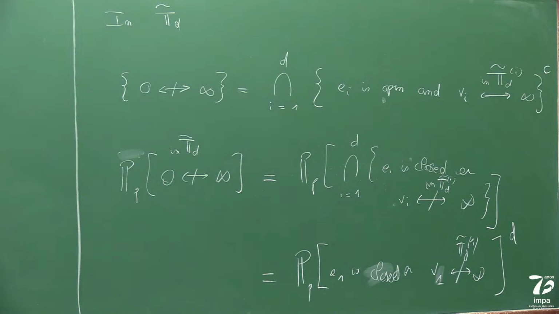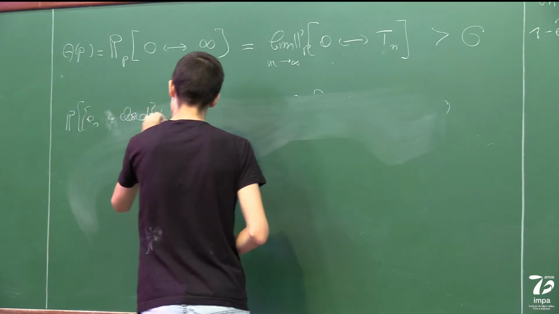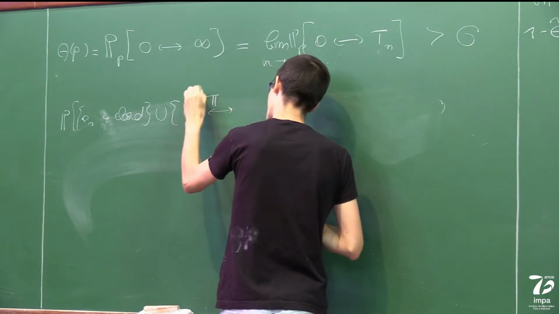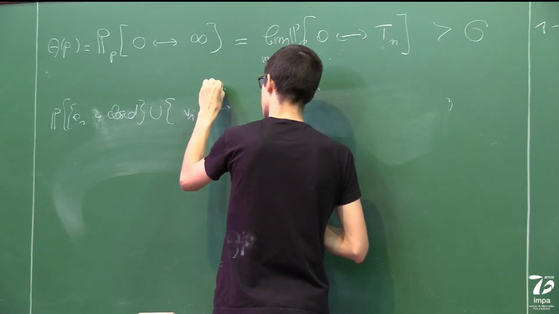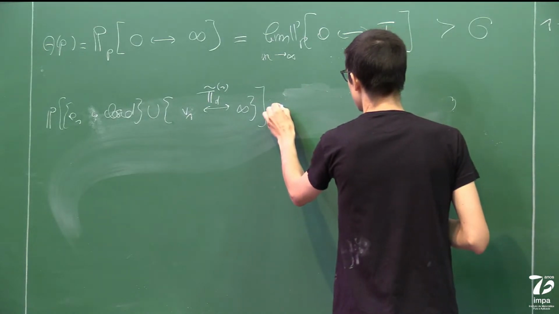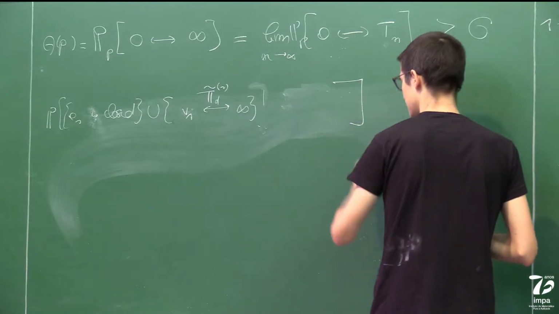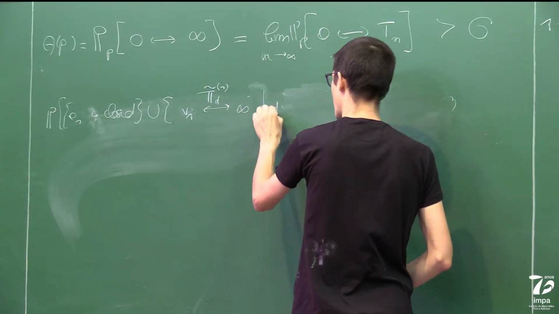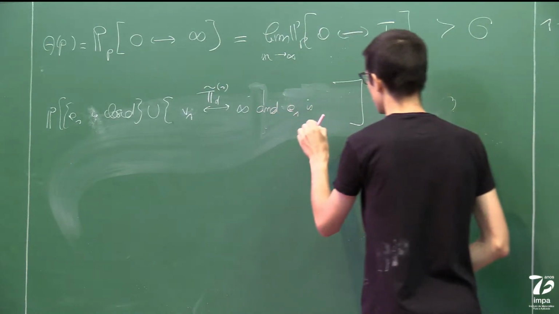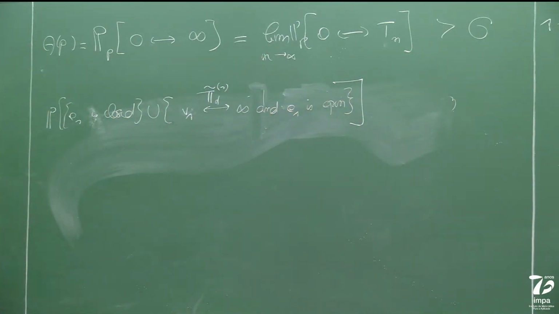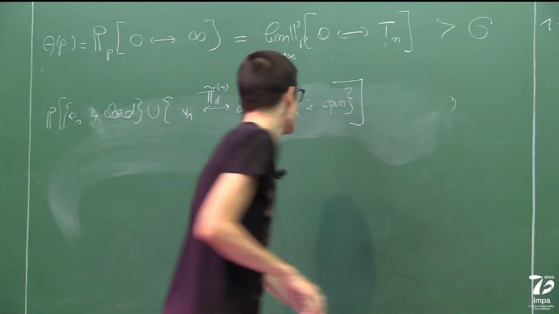So the probability that E1 is closed, union V1 is connected to infinity in T_1^d, is the same thing as, I'm just intersecting here with the complement of this. And now I have a disjoint union.